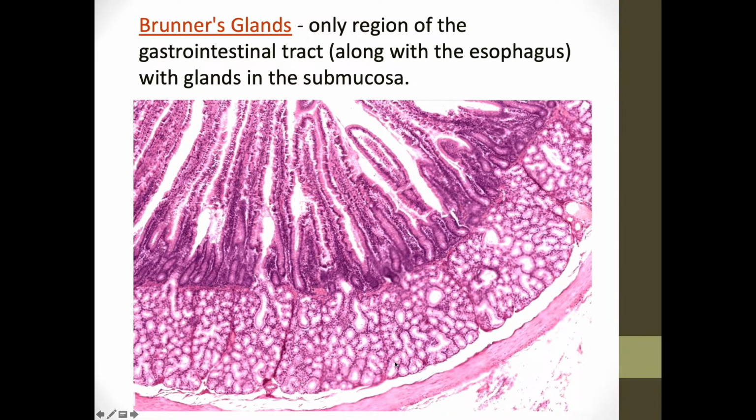Yes, Brunner glands, the region of the gastrointestinal tract with glands in the submucosa. So, the mucosa, and well visible are these glands, mucus.